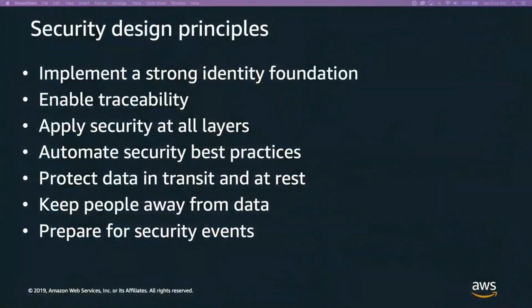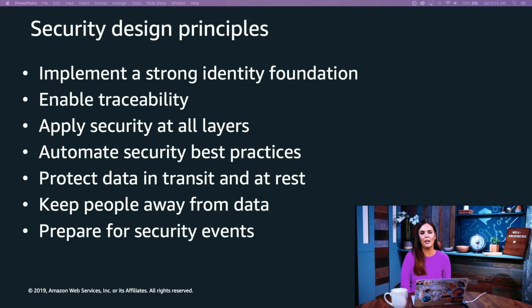So to get started, what I always like to tell customers is some security design principles that they can work with when they're thinking about how they're going to build and architect on AWS. As we work through the content today, I would like all of you at home or in the office or wherever you're watching today to think about these as we move through the content. The first one is about implementing a strong identity foundation.